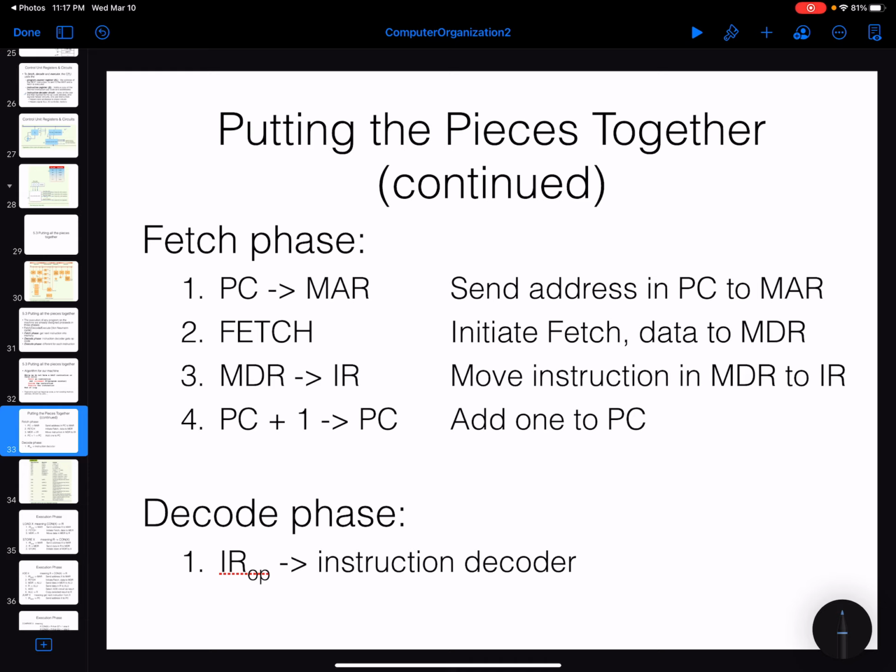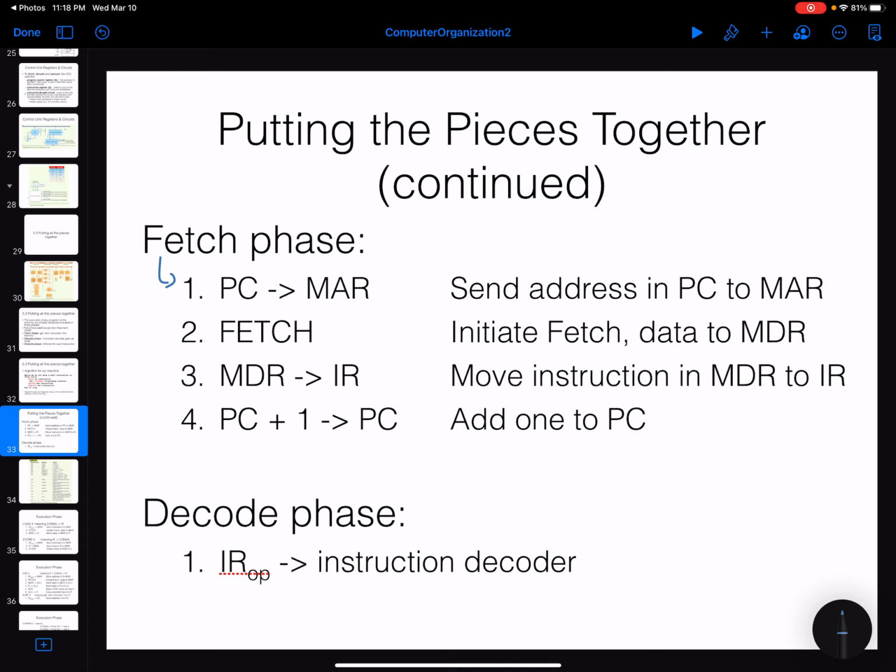So each fetch is going to have 4 steps. First, the value of PC will be copied, will be sent to the memory unit. So it will be sent to the MAR, the memory address register. Then the signal fetch will be activated in the memory.